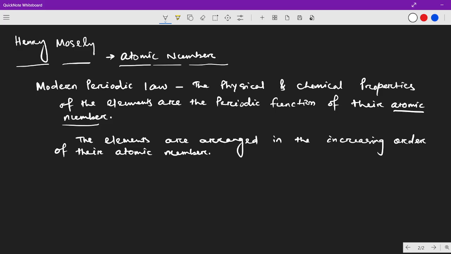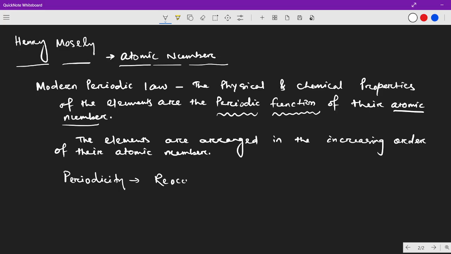Understood? Now, what is a periodic function actually? Periodic function means the properties, like physical and chemical properties, repeat themselves after a certain interval, which is also known as periodicity. So what is periodicity?